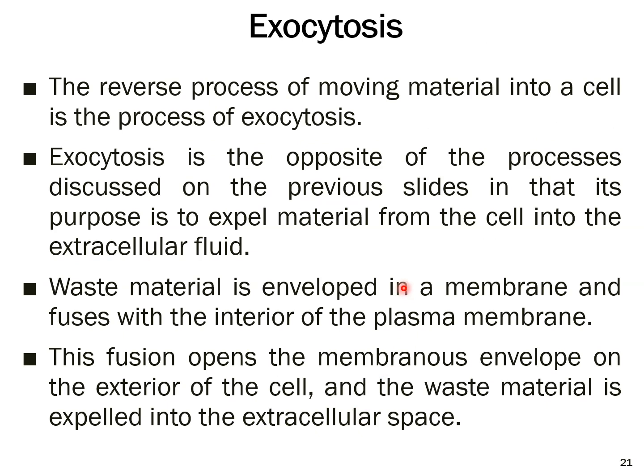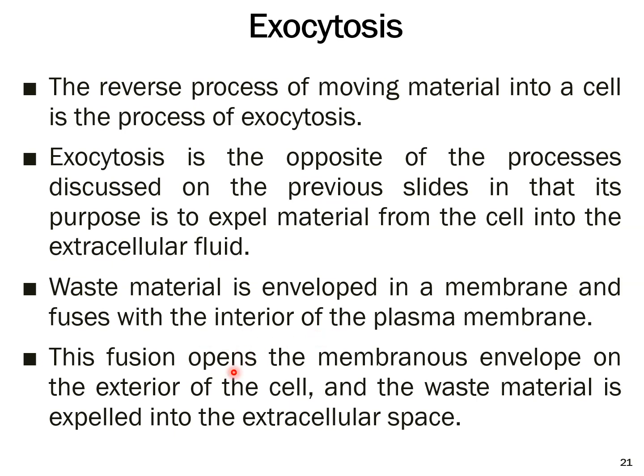Next is exocytosis. It is the reverse process of moving materials into a cell. So exocytosis is the opposite of the processes discussed on the previous slides, in that its purpose is to expel material from the cell into the extracellular fluid. Waste material is enveloped in a membrane and fuses with the interior of the plasma membrane. So it happens the same way but from inside the cell.